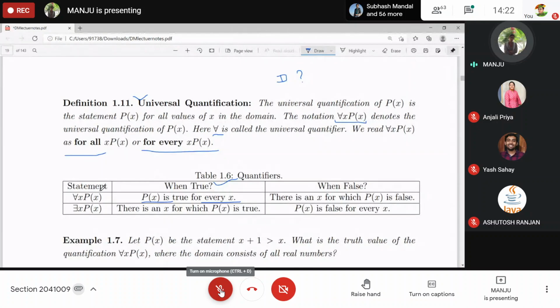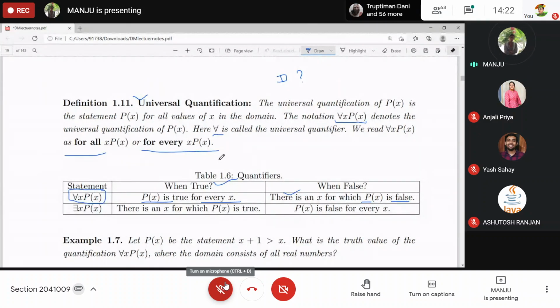Otherwise, if P(x) is false even for a single x, then it will be false. That is, there is some x which makes P(x) false. In that case, the for-all quantification will be false.